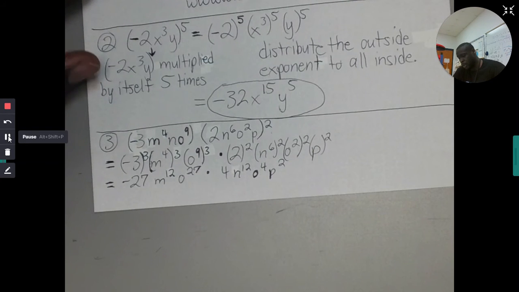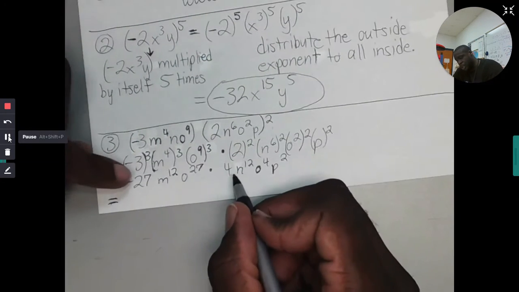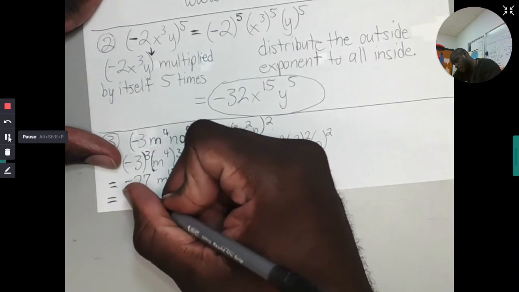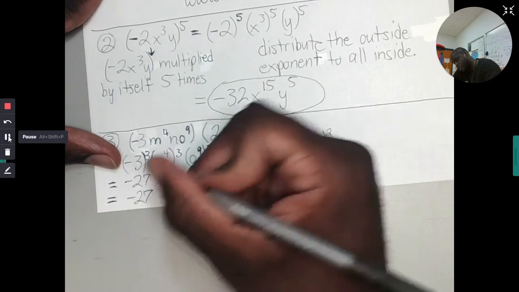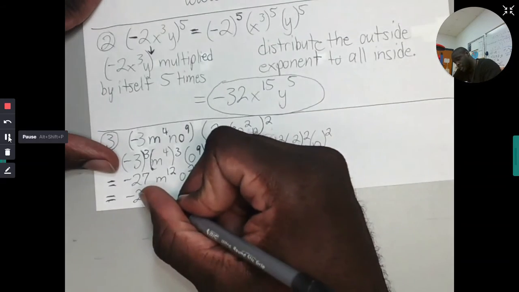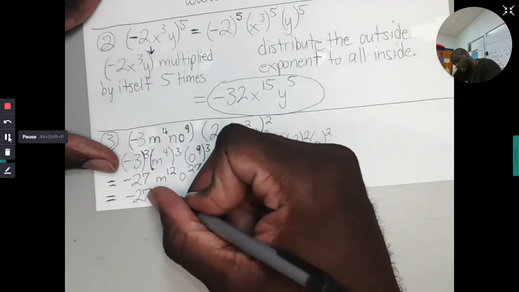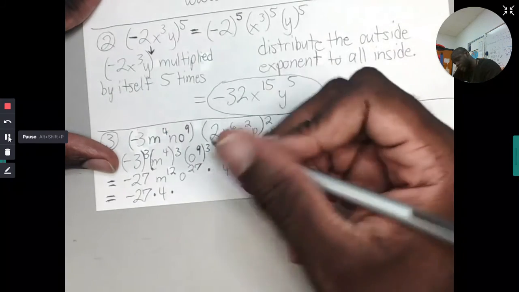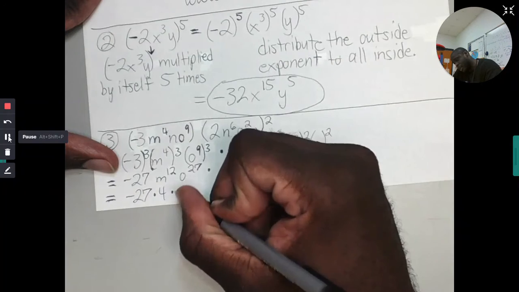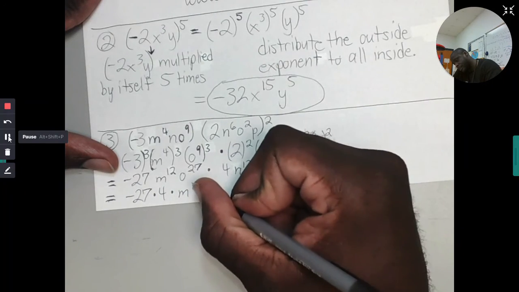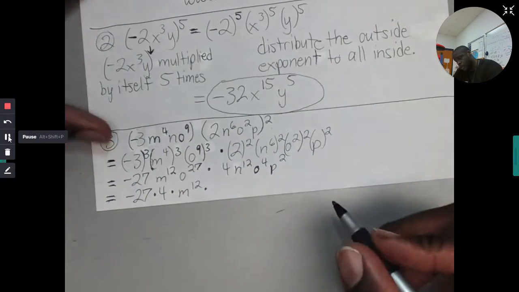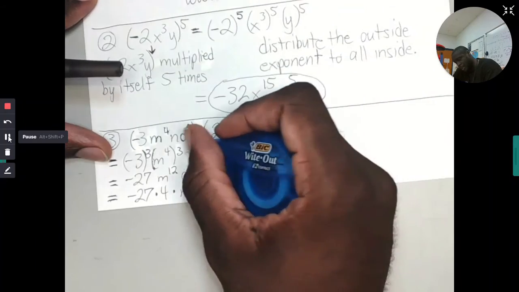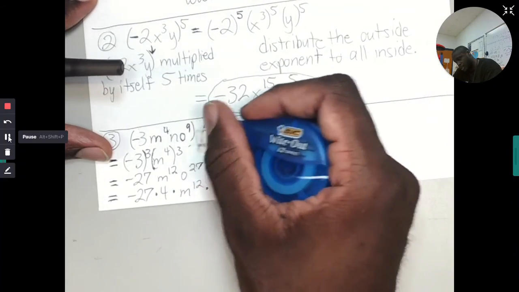So what you can do here is remember that you need to multiply your coefficients. And so again, I'm just going to put these parts beside each other. Negative 27 and 4. The m is all by itself. Did I forget something? I sure did. You guys let me forget that, didn't you? It's okay.